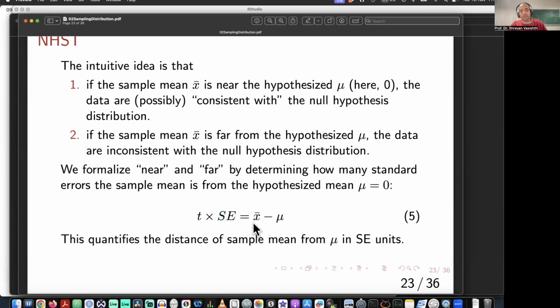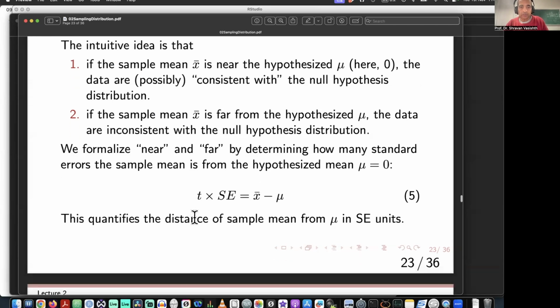So just when we say that the distance from Golm to Berlin is, let's say, 35 kilometers, that's the unit in which we are talking. We're not talking about meters or centimeters. Here we're talking about the distance in standard error units. And so we're always going to say that the distance is t standard errors. Okay, so that's why this t value turns up.